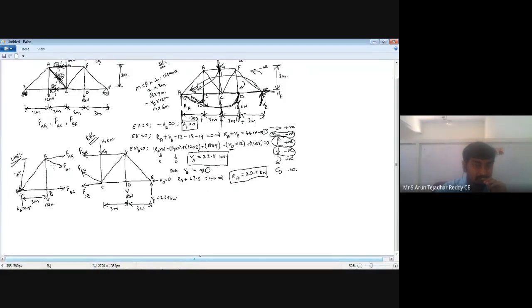Because in the LHS part we have FHG, FHC, FBC, and in the RHS we have FGH, FCH, FCB. Finally we should calculate only these three member forces, so you can take any one. If you take both, that is also very good, but it will take more time. Depending upon your time sense, you can take any one part.